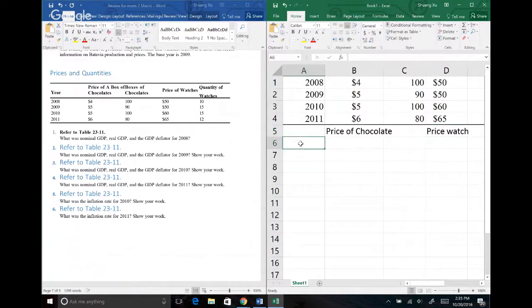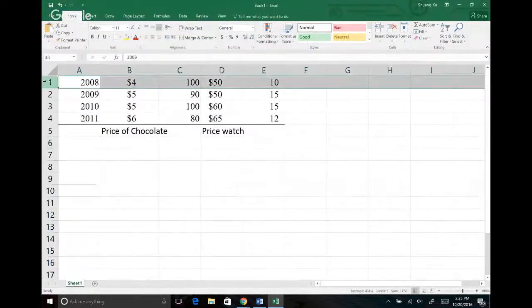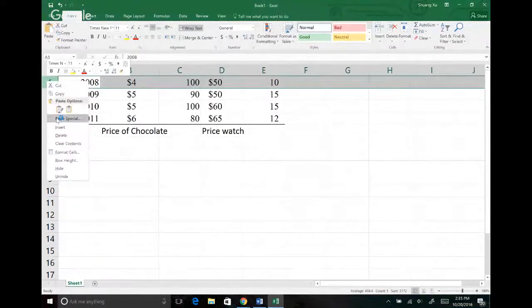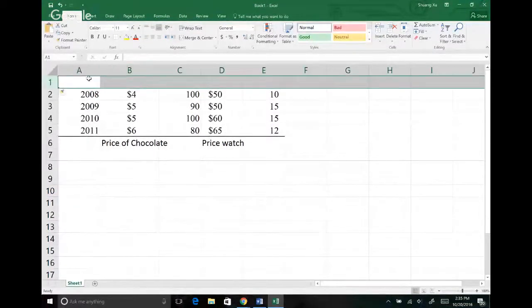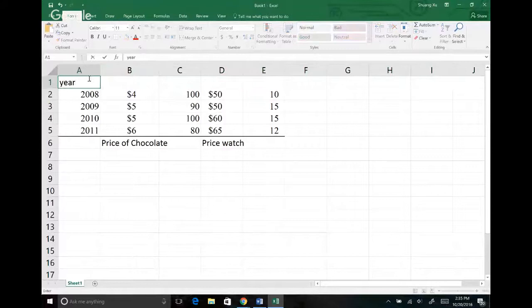All right, so first you need to look for the nominal GDP and real GDP. Let's do it for each year, okay? So for each year, I do need an extra column here. So this is the year.